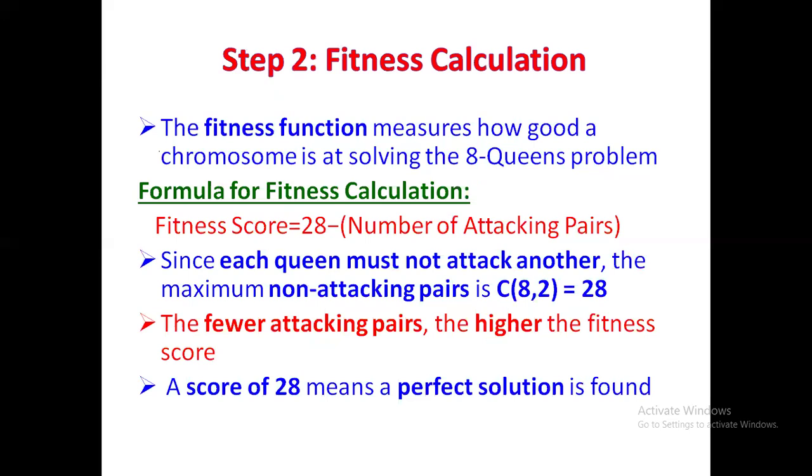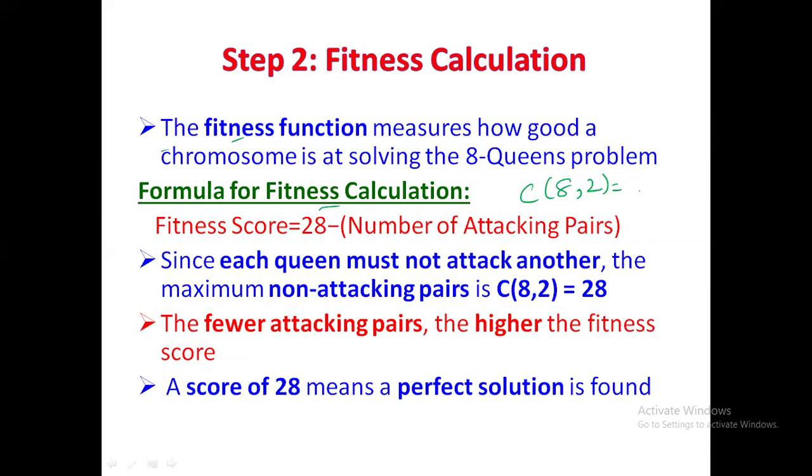To evaluate the quality of each chromosome, we use a fitness function that measures how close the solution is to the goal. The maximum number of non-attacking queen pairs in an 8 queen problem is given by, as we have written previously, C of 8 comma 2.